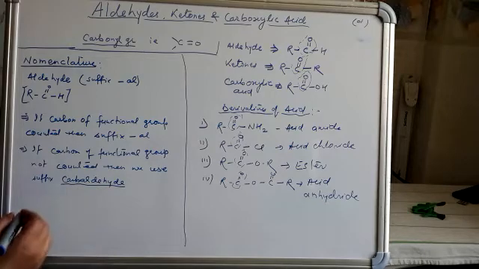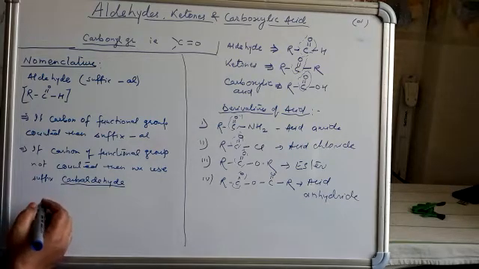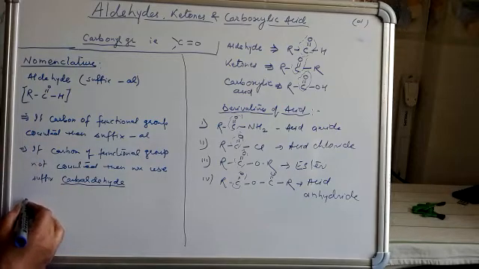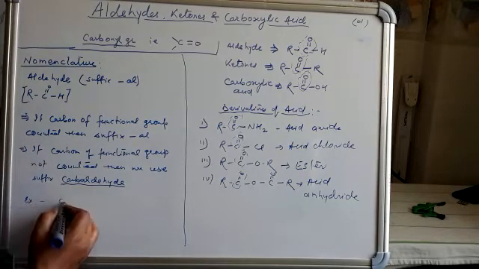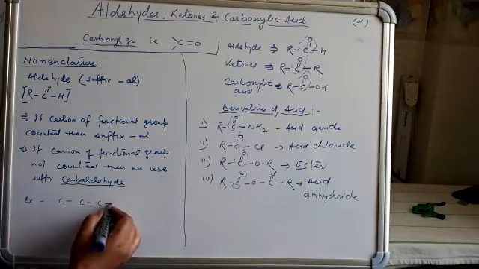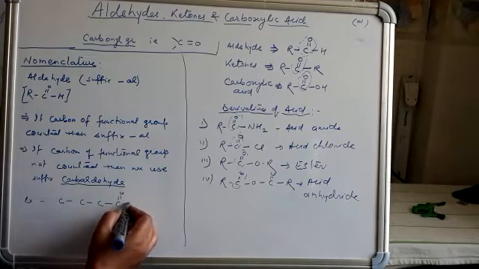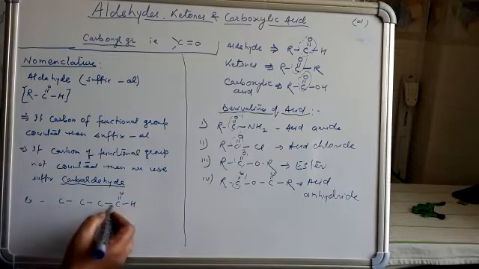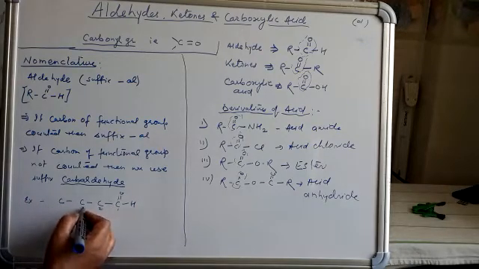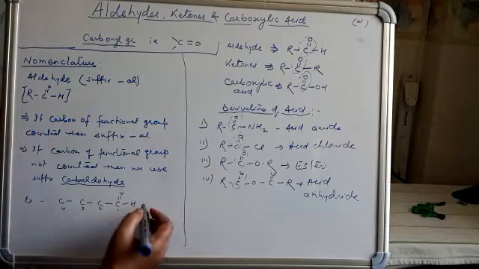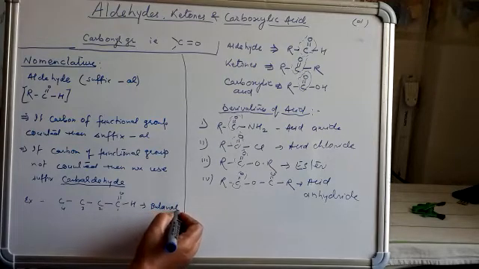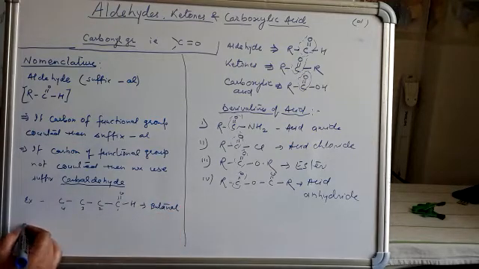See the example. Number 1. The functional group is present, and it is counted: 1, 2, 3, 4. So the name of this compound will be butanal.